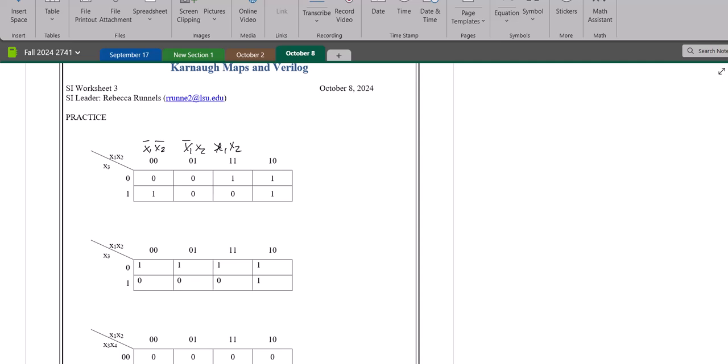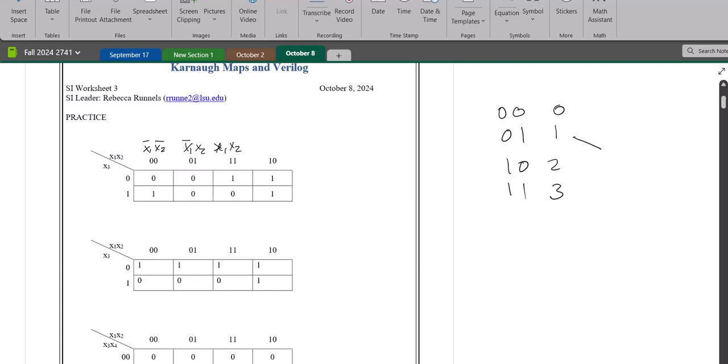The reason it doesn't go in the order 0, 0, 0, 1, 1, 0, 1, 1, which would be the binary numbers of 0, 1, 2, and 3, is because these two don't share any variables in common. For the first one, it has x1 equal to 0 and x2 equal to 1, and the next one has x1 equal to 1 and x2 equal to 0, so they don't share anything in common.